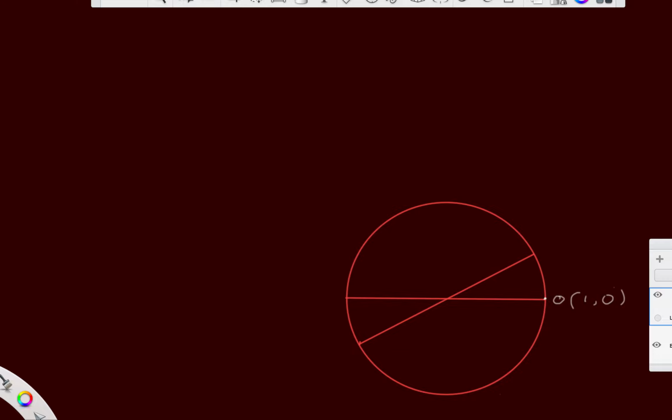We also know, because we've written this down, that the x value is the cosine value, and the y coordinate is the sine value. So x is cosine, y is sine.